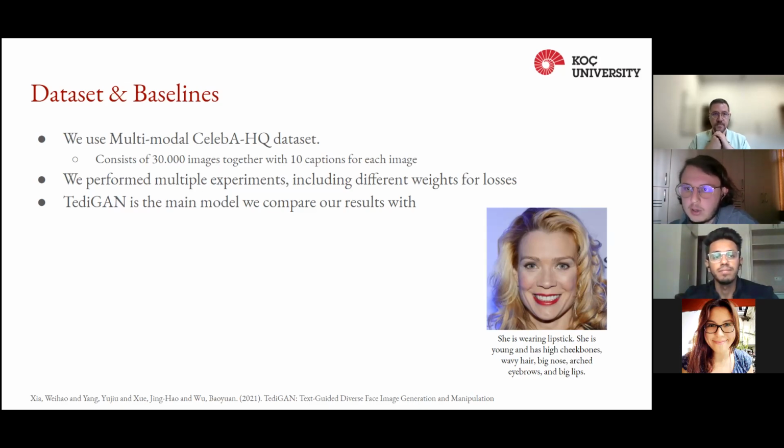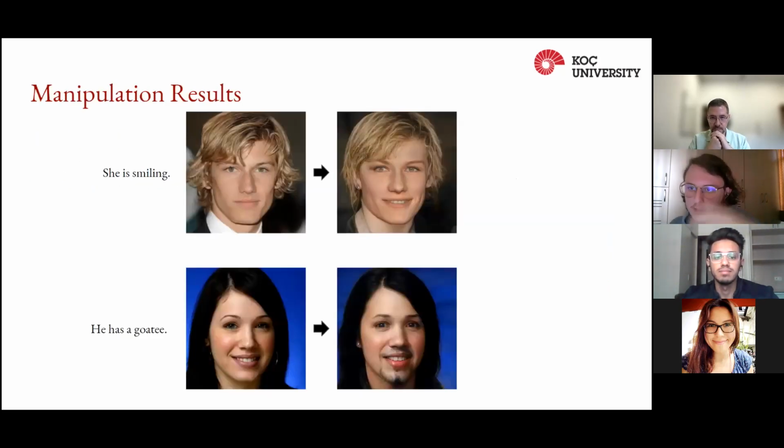I will start by showing you some manipulation examples. These results demonstrate the manipulation capabilities of our model. First of all, the text description is "she is smiling." We can do gender changes with our model, and our model is also able to add smiles to the faces. In the second example, the text description is "he has a goatee," so we can add facial hair as well.